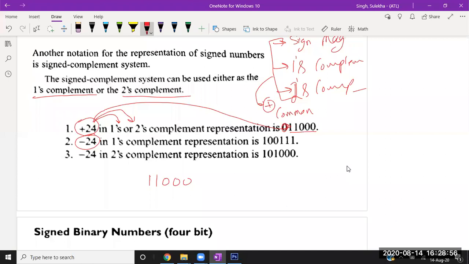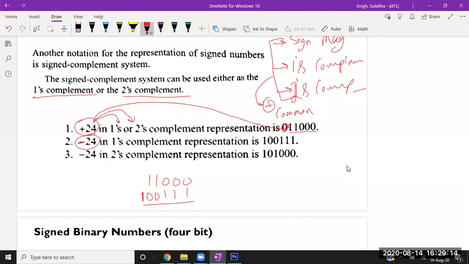After taking the ones complement for this negative sign, you can add 1. This is one way.